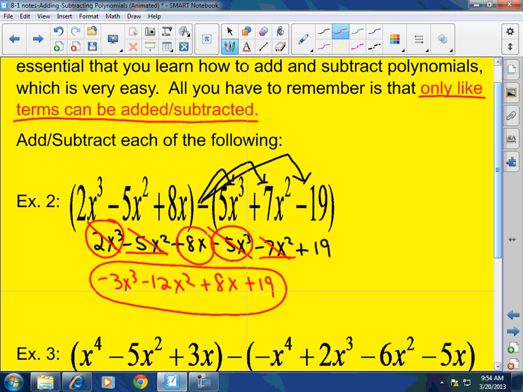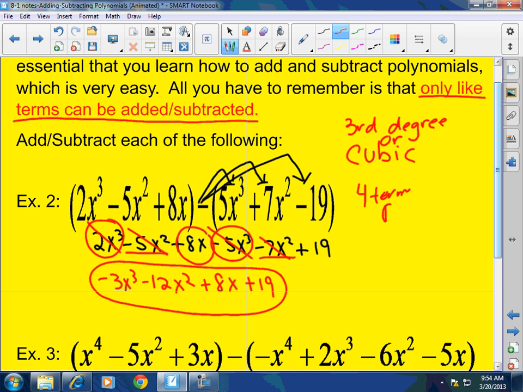So how would you name this using degree and term? This is a cubic. No, just cubic. You could go cubic or you could go 3rd degree, but remember, when the degree is 3, isn't it called cubic? So 3rd degree or cubic.